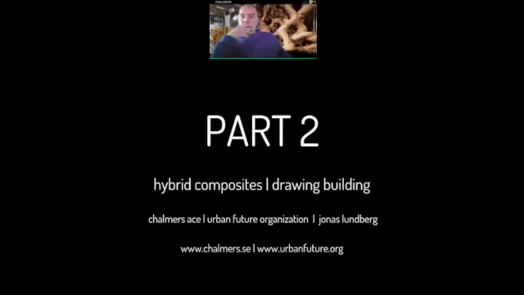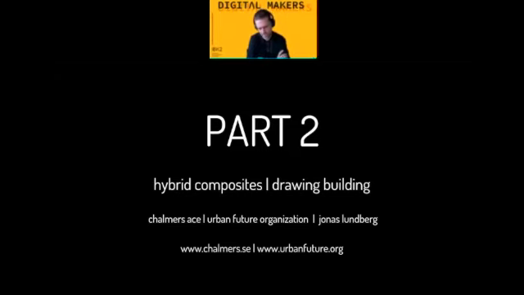So when you talk about draw what they can build and build what they can draw, I find it super interesting because it immediately provokes the idea that there's some relationship between designing and making, and somehow, this is of course what we like to explore, this relationship between design and making.